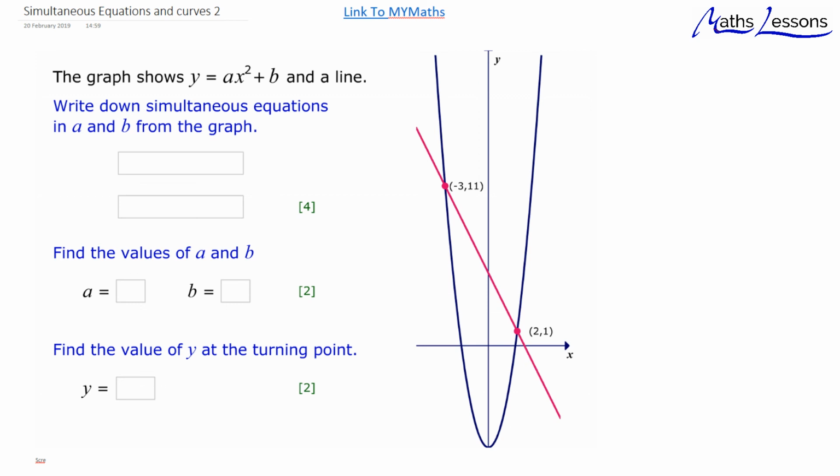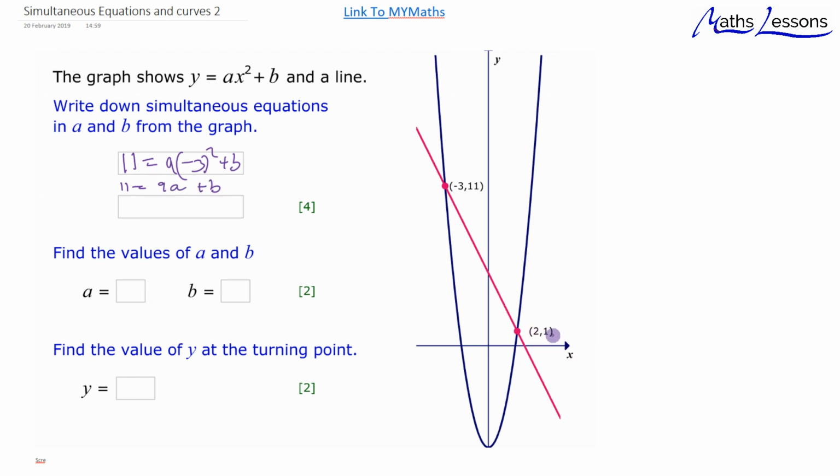Right, so here we go. We've got y equals ax squared plus b, so put in the x and the y values. The y value here is 11, so we've got 11 equals a times x squared, so it's minus 3 squared plus b. Better written as 11 equals 9a plus b.